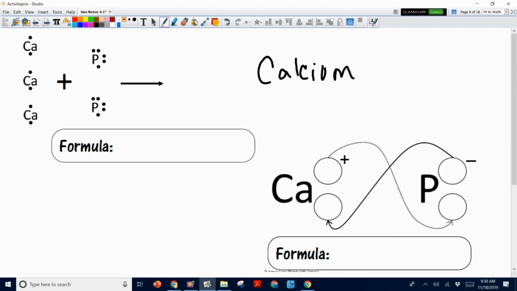Then we take this element, and this is phosphorus. Sorry, it's not phosphate, it's phosphorus, the element. We're going to drop this ending off and change the ending to "ide." So this is calcium phosphide.